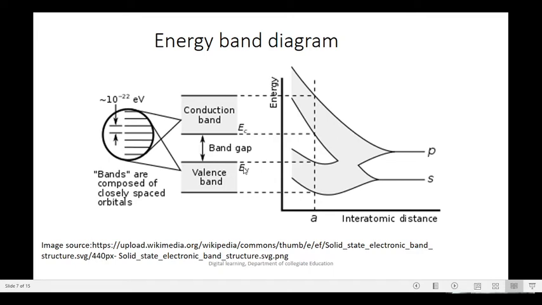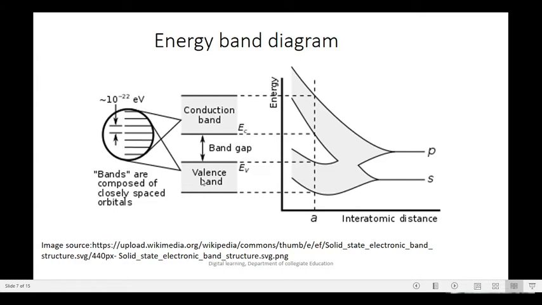Valence energy can be represented by EV and conduction energy can be represented as EC. Here the topmost level is known as the conduction band, the next level is the band gap, and the bottom level of the material is the valence band. So there are three bands.